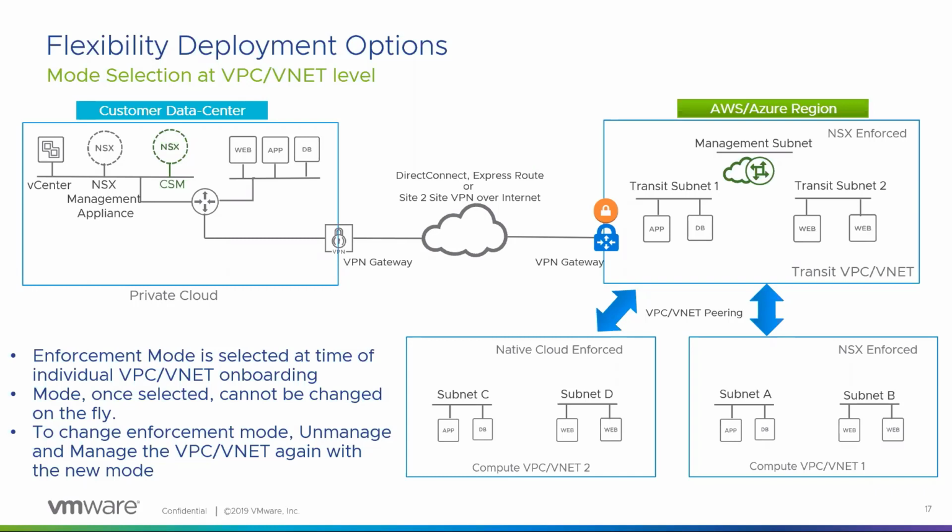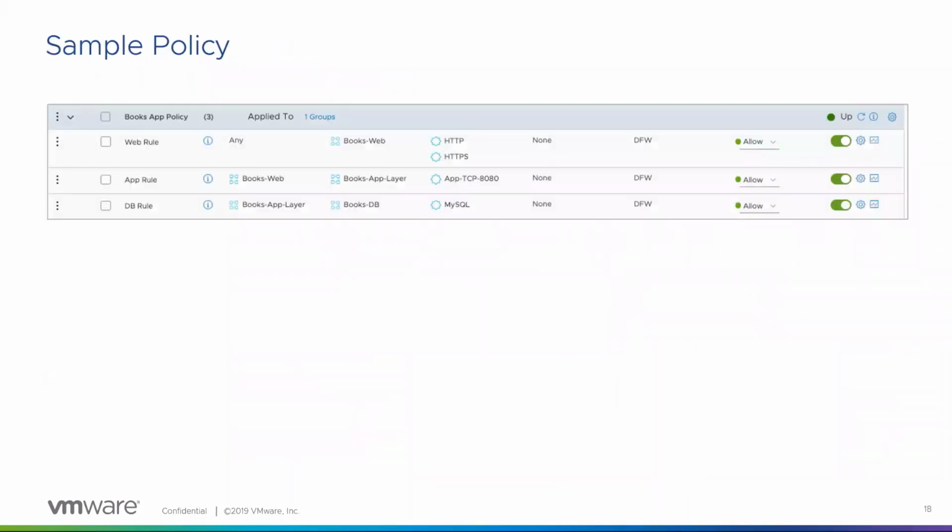Great, thanks, Rodney. So going back to a sample policy, if you remember, we said the policy construction is the same, not even similar. It's the same as what you would do for on-premise. You tag your workloads, you take those tags and make them the basis of your groupings, and you apply those groups in the firewall rule. So if you take a look, you see here a rule that says anything destined to BooksWeb.